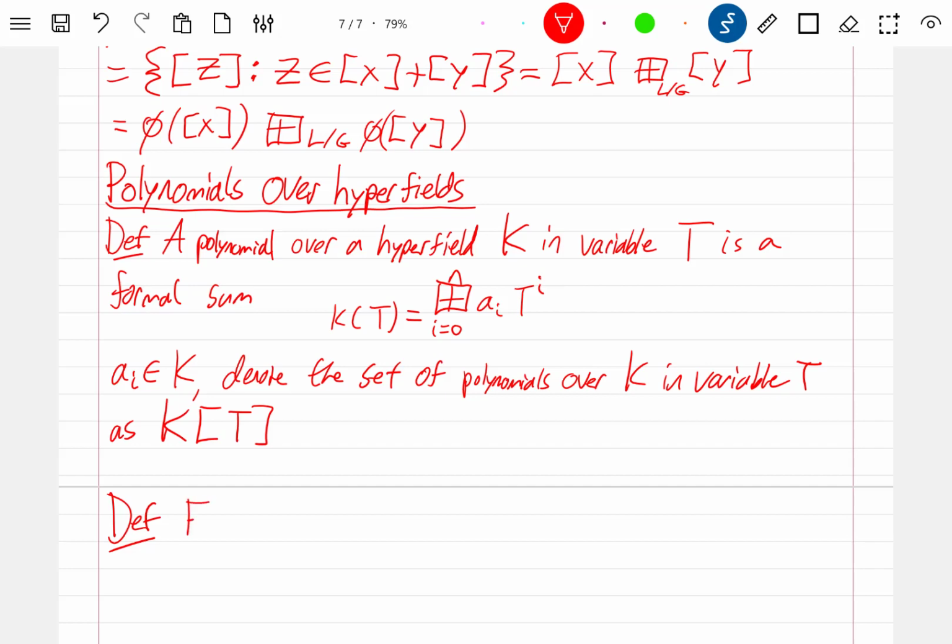So for a polynomial k over a hyperfield, we say c is a root of little k if 0 is in the set k of c.